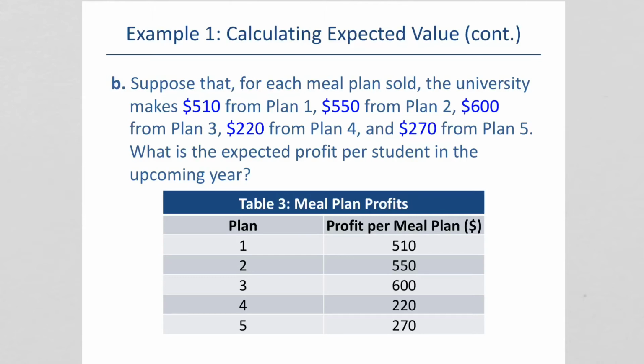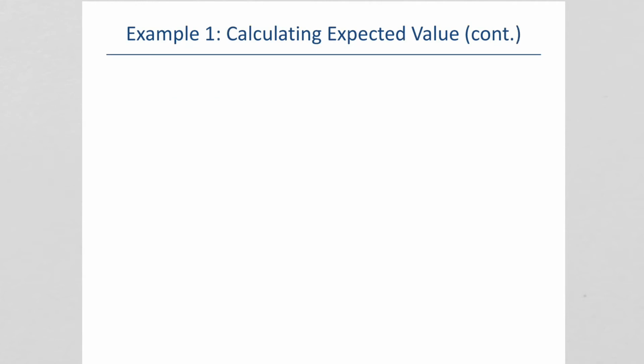Suppose for each meal plan sold, the university makes $510 from Plan 1, $550 from Plan 2, and so forth as listed here. What is the expected profit per student in the upcoming year? Okay, so we do the same thing, only this time it's with those profits.